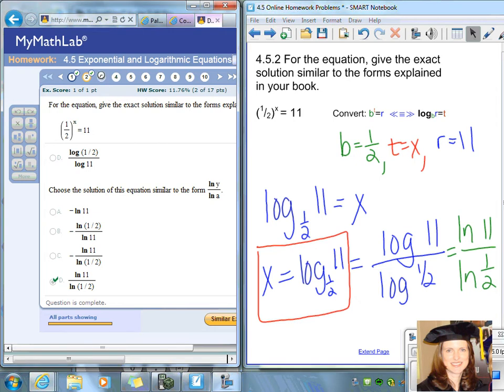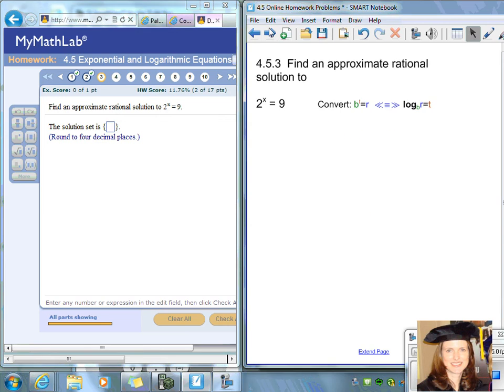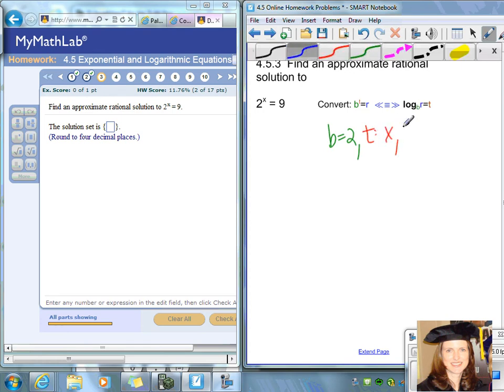Let's look at number 3. For number 3, you want to find an approximate rational solution to this equation, 2 to the x equals 9, and we're going to round to 4 decimal places. This is in the form of b to the t equals r, where the base is equal to 2, the exponent t is equal to x, and the argument r is equal to 9.